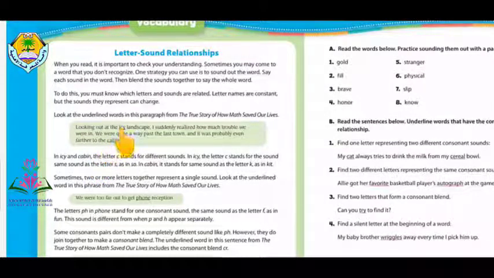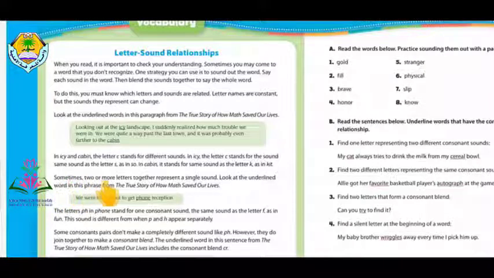Here Sa sound, but here Ka sound. In icy and cabin, the letter C stands for different sounds. In icy, the letter C stands for the same sound as the letter S, as in so. In cabin, it stands for the same sound as the letter K, as in kit. All right? So they are 2 different sounds, but the same letter.